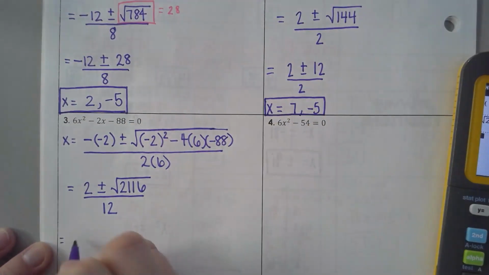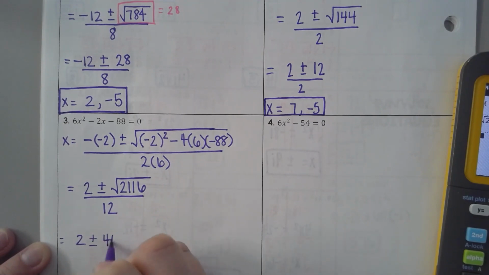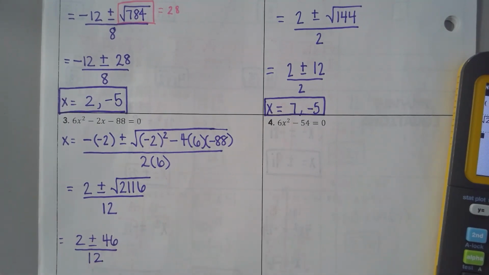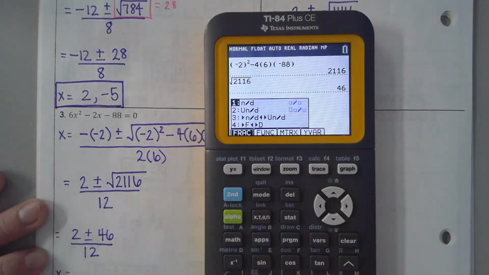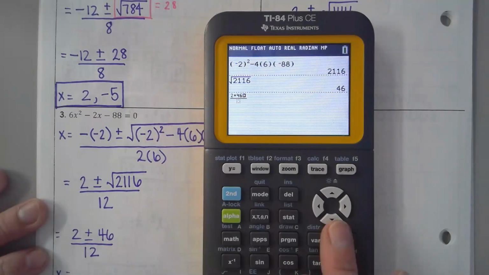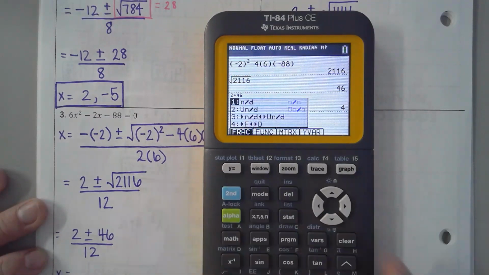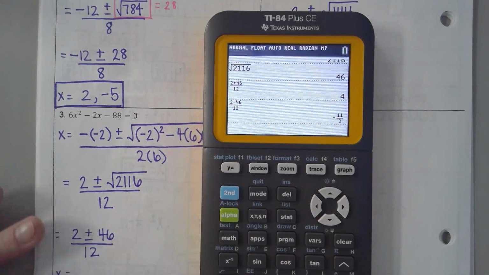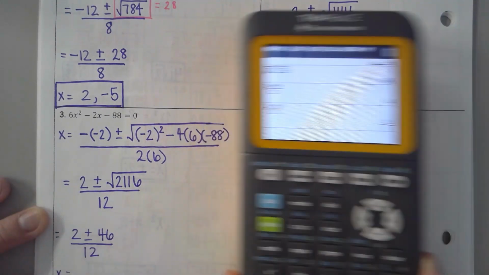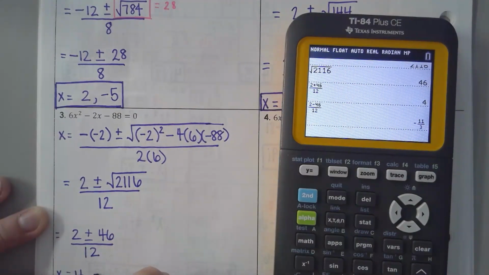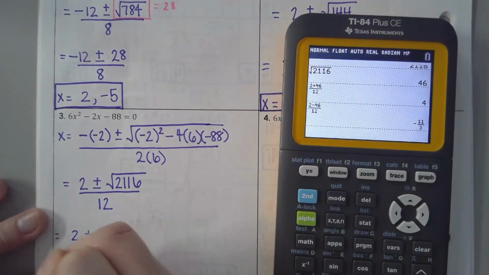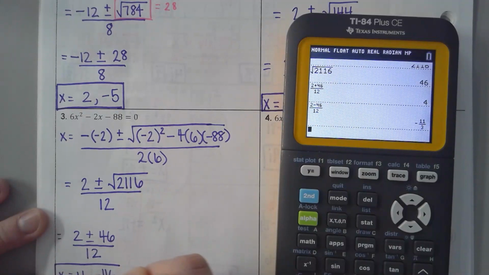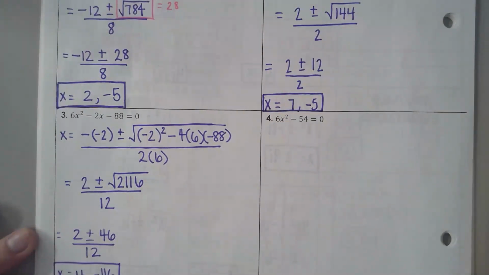So I have 2 plus or minus 46 over 12. And I get x-intercepts at 4 and negative 11 over 3. Are there any questions?